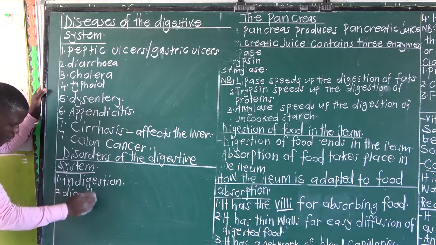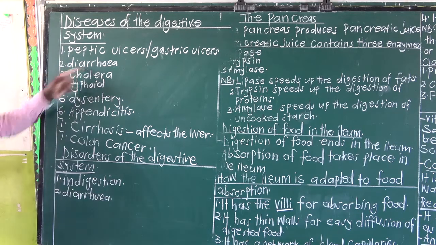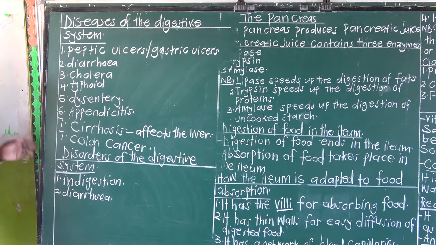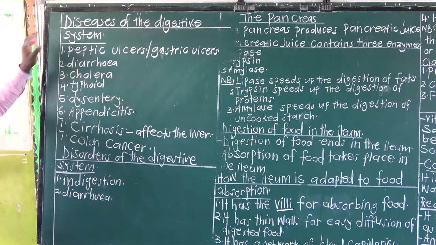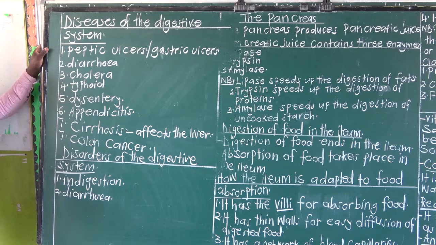Now, some may be wondering, I've said diarrhea is a disease, and again here I'm saying diarrhea is a disorder. Why? Diarrhea is both a disease and a disorder. Disease is caused by bacteria, while disorder is just a watery stool.